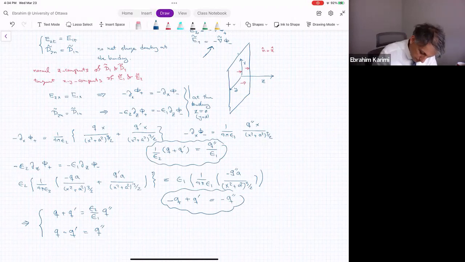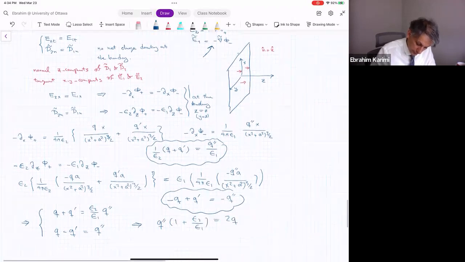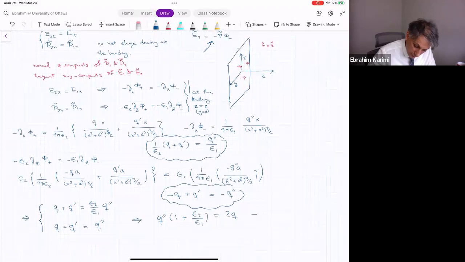Okay, so sum them up together. Q second times 1 plus epsilon 2 divided by epsilon 1, on the other side you will get 2q. Therefore, q second will be 2 epsilon 1 divided by epsilon 1 plus epsilon 2 q.